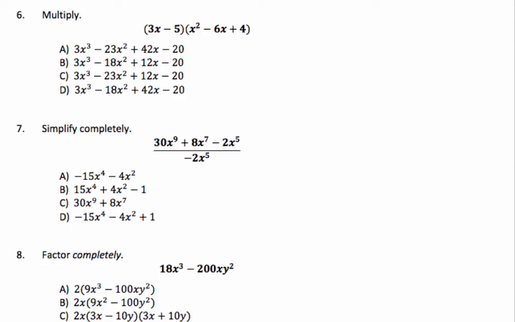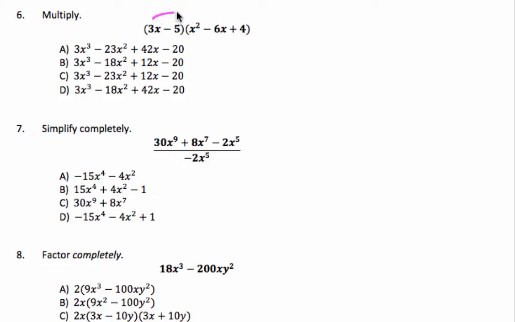Problem number 6 asks you to multiply two polynomials together. What we're going to have to do is distribute the 3x over the second polynomial, the negative 5 over the second polynomial, and then combine like terms.